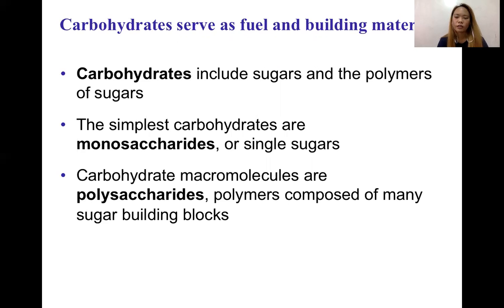And carbohydrates include monomers and polymers of sugars. And like I said, the monomer of a carbohydrate is your monosaccharide. So the single unit of sugar is always a monosaccharide. And then when we try to create larger molecules of carbohydrates, we are talking about polysaccharides.